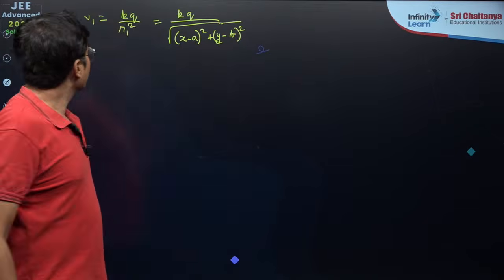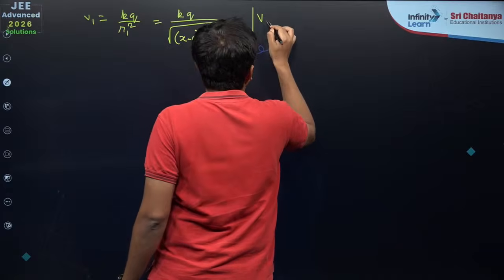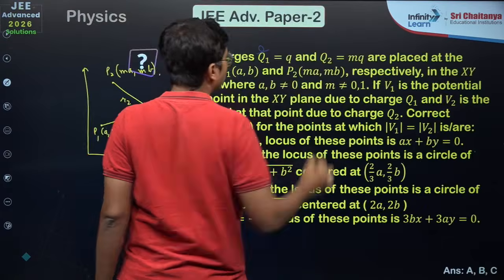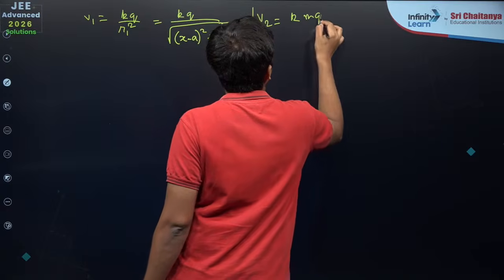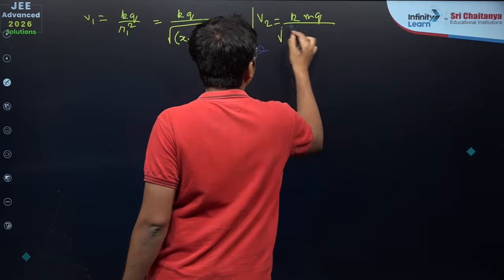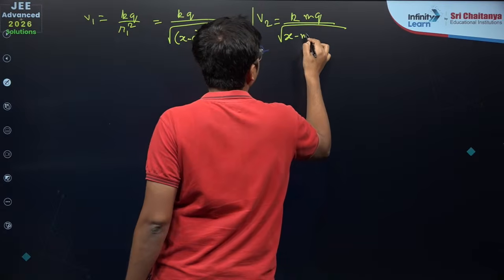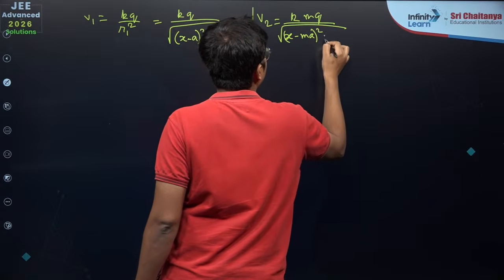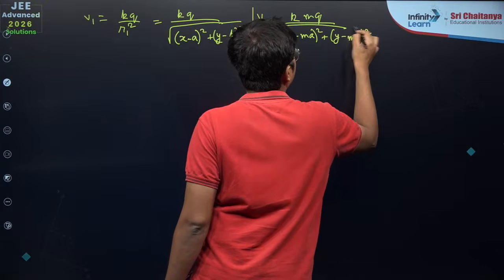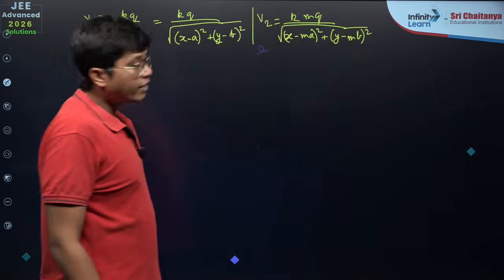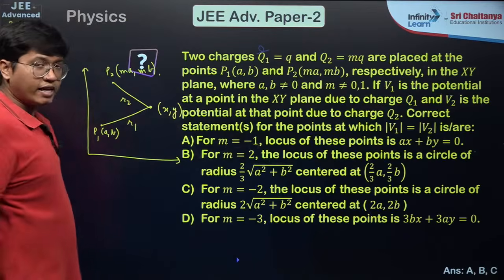We got that down? And potential V2 is equal to k into, over there the charge is mq, divided by the root of (x minus ma) whole squared plus (y minus mb) whole squared. It is given both of them are equal in magnitude.